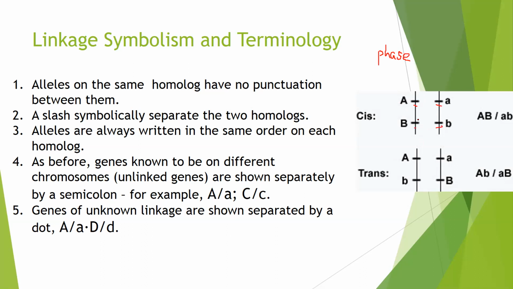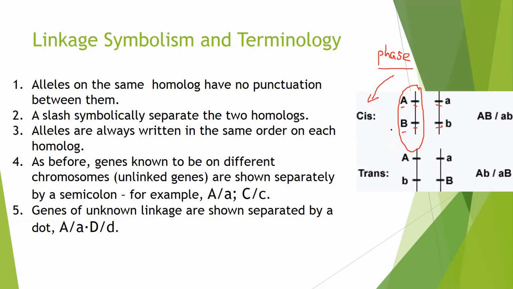Okay. Now, if we focus on the capital A and the capital B, if the big A and the big B are on the same homologous chromosome like this, all right? So if big A and big B are on the same homologous chromosome like this, we say the phase of A and B is cis, right?